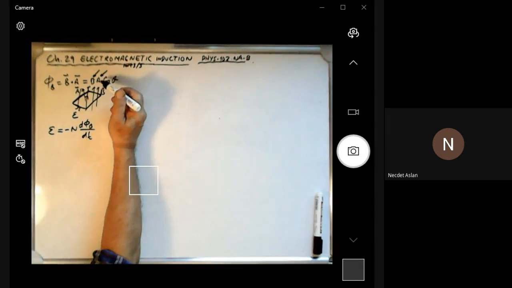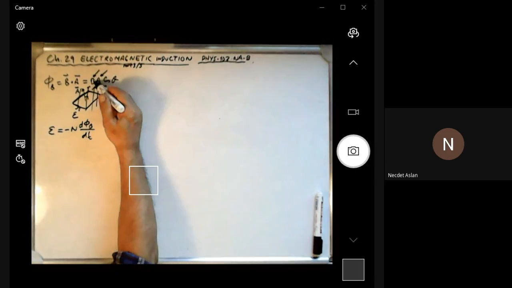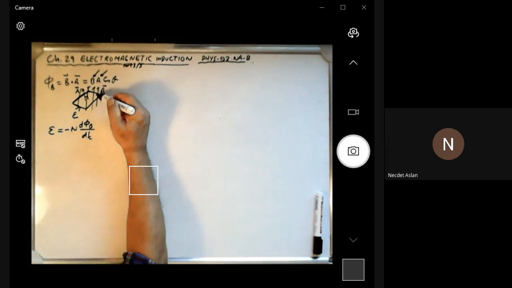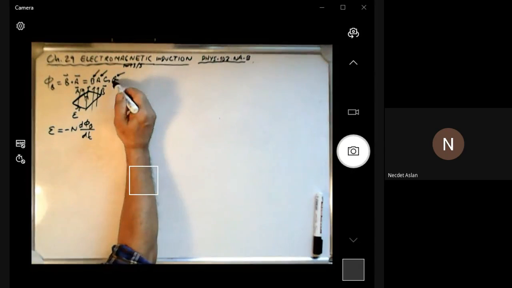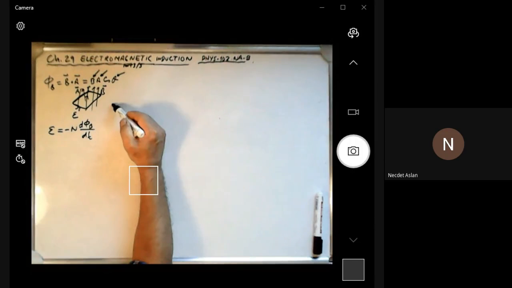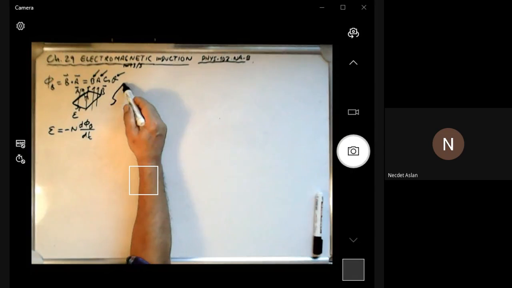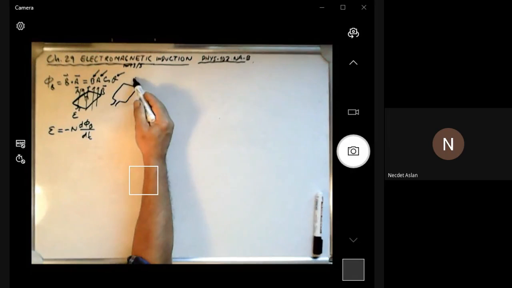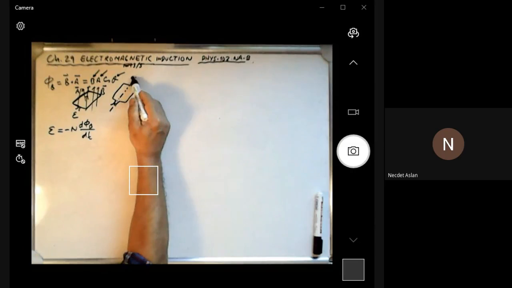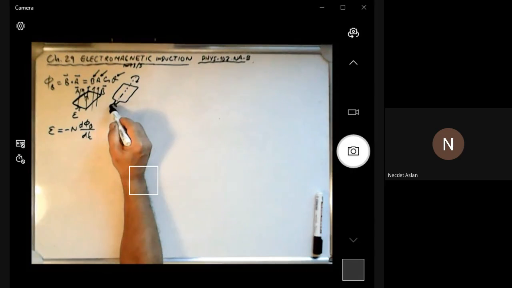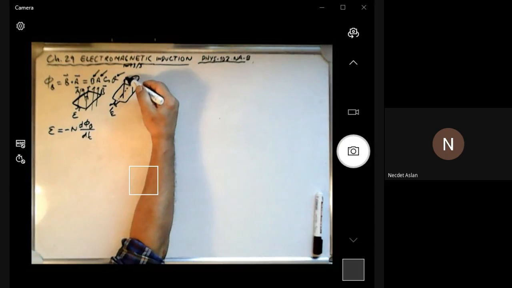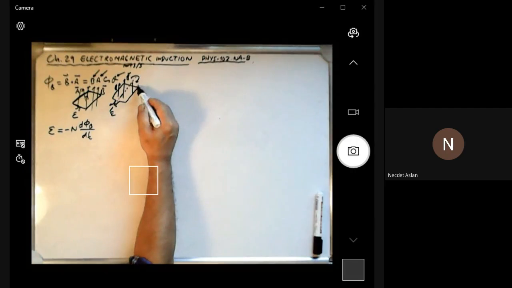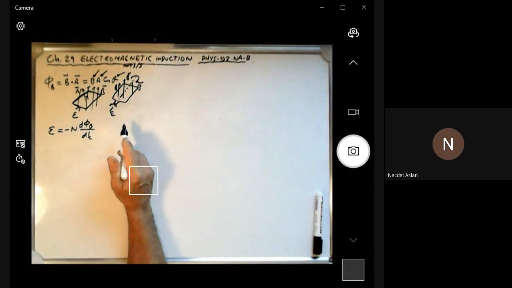The magnetic field can change in time alone, the area of this arbitrary shape can change in time, and also the angle can change. We have seen that. If we let this system rotate around this axis, we can produce an electromotive force, of course under the magnetic field. Without the magnetic field, none of these things that we are talking about can be said. So the magnetic field should be there.